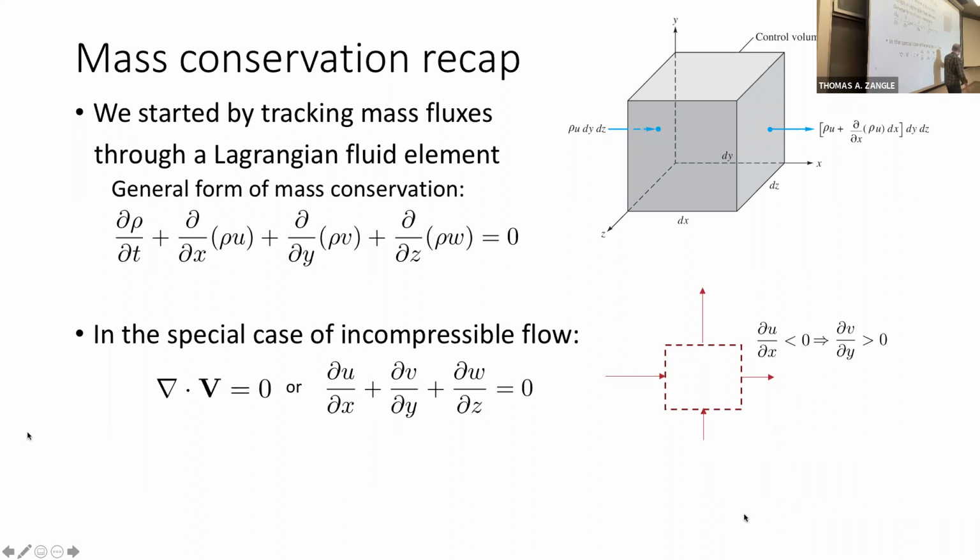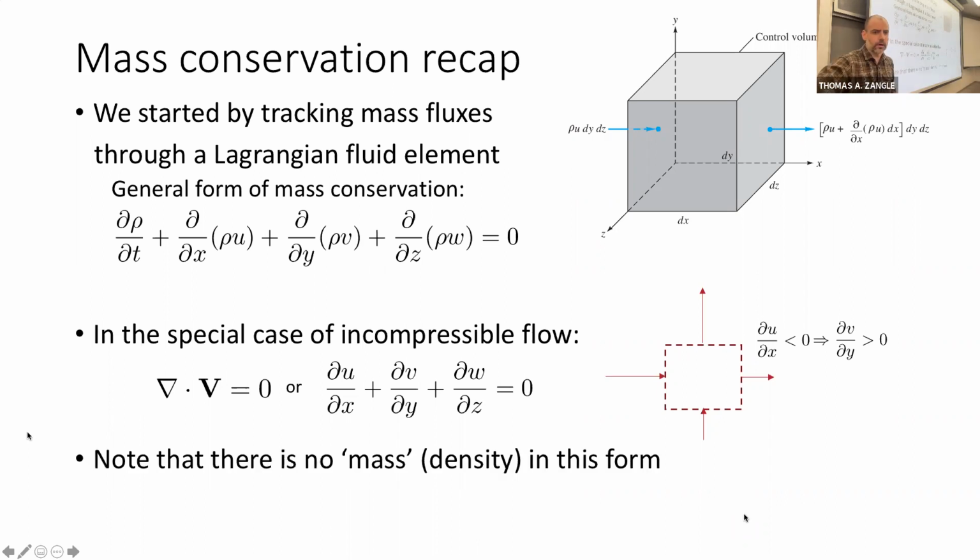Okay, so this is directly analogous to what we had for the control volume form, in that for the incompressible flow case, there's no mass, right? There's no density in this form. The density dropped out. And so what we're left with only deals with velocities and the rate of change of velocities.